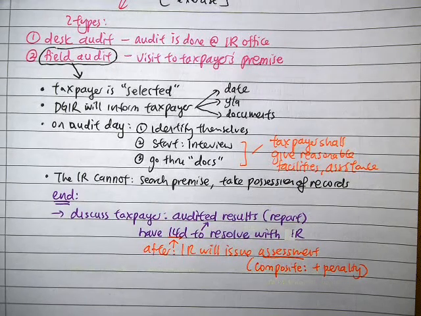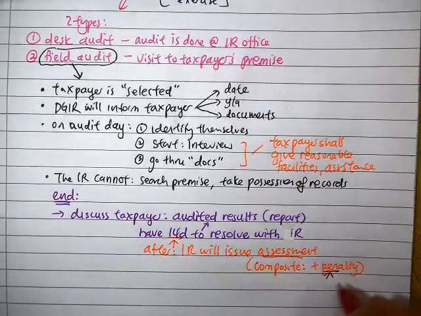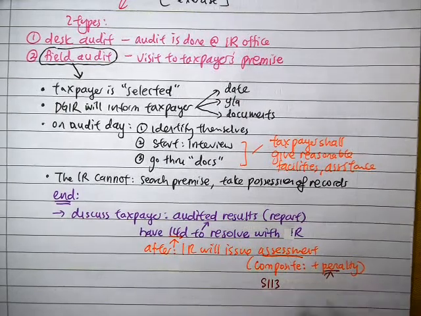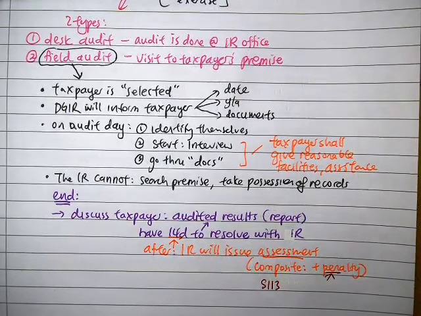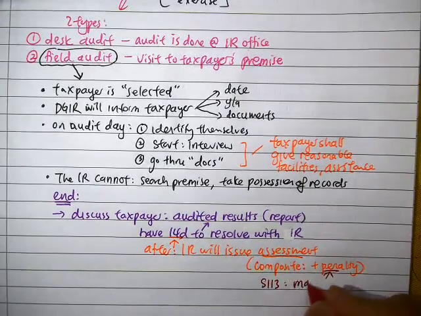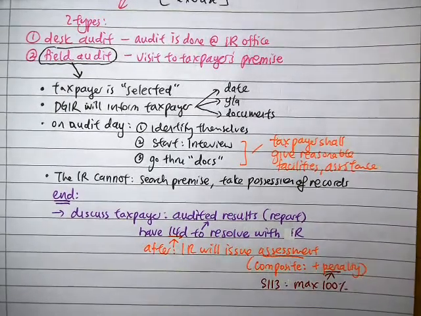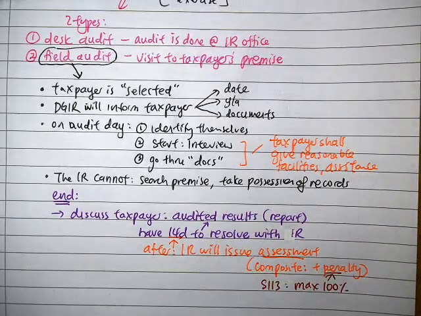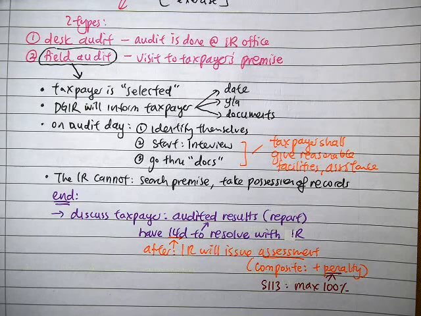Now how much penalty do you need to pay? Usually they will charge you under 114, 113 incorrect return. That means maximum 100% of the tax. So after audit, if they realize that your tax been understated by 5,000 ringgit, then they ask you to pay 10,000 or something like that.